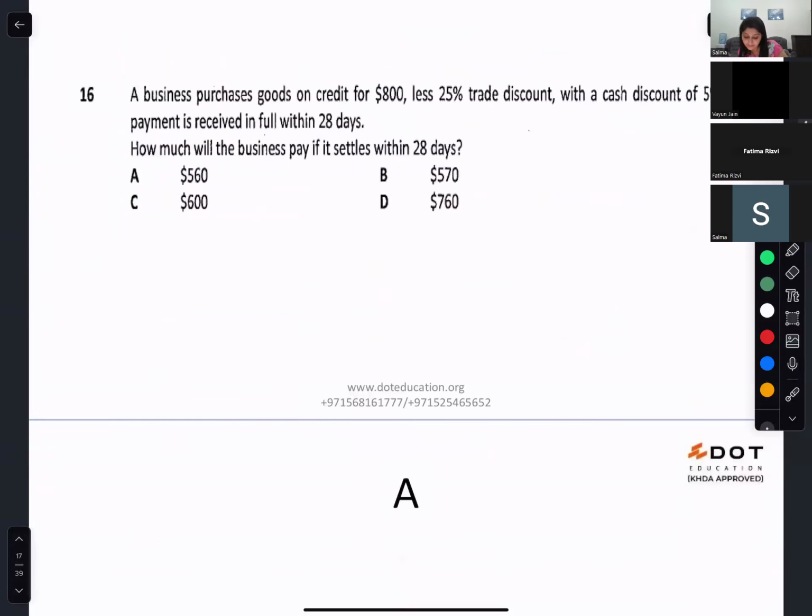A business purchases goods on credit for $800, less 25% trade discount with a cash discount of 5%. Give me implications along with reading. The list price is $800. The trade discount will be subtracted, which is 25% of 800, so it's $200.